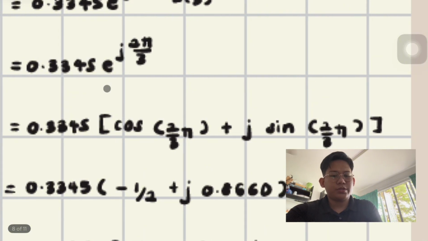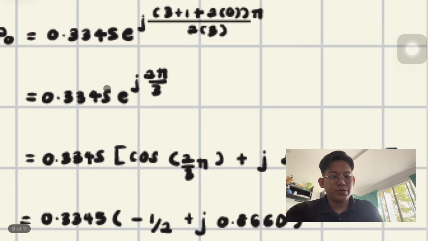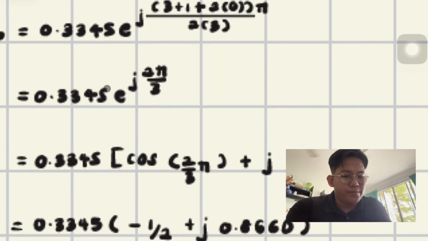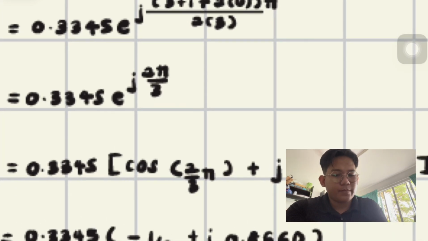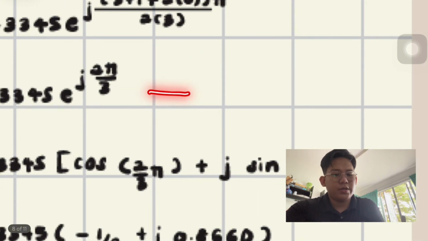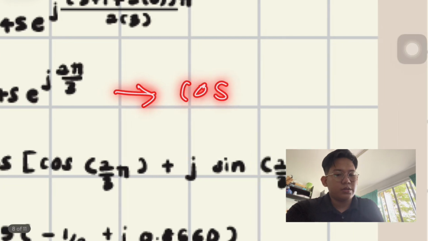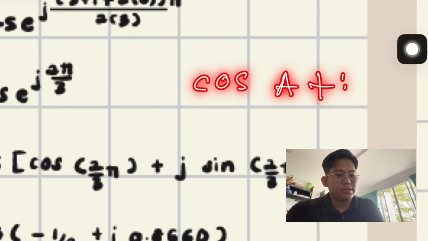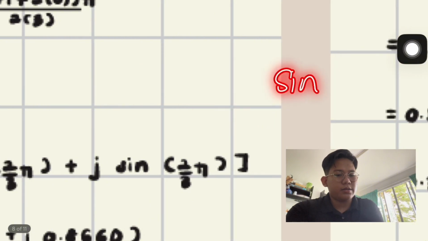We're going to use where exponent j with any value a, we transform it into cos a plus j sin a.